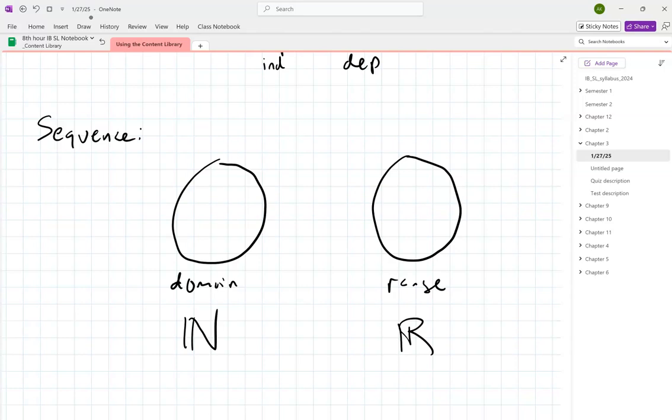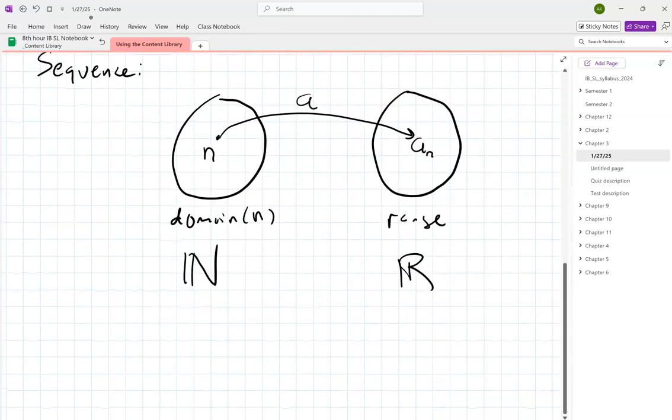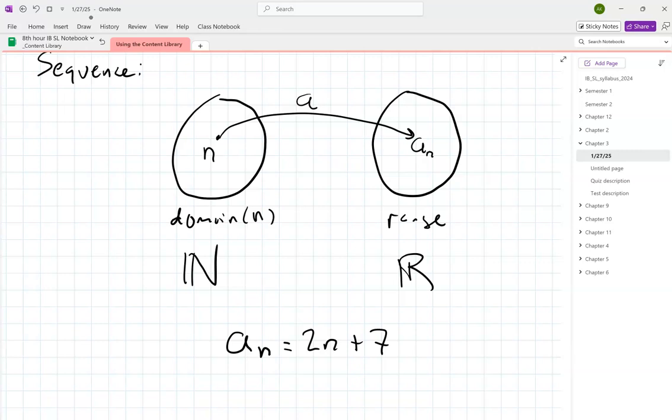Now, instead of using x's for our domain, we're going to use the letter n. And instead of saying f of n, we're going to use some other lowercase letter, and instead of f of x, we're going to have a subscript n. So the sequence version of the function f of x equals 2x plus 7 would be a sub n equals 2n plus 7.